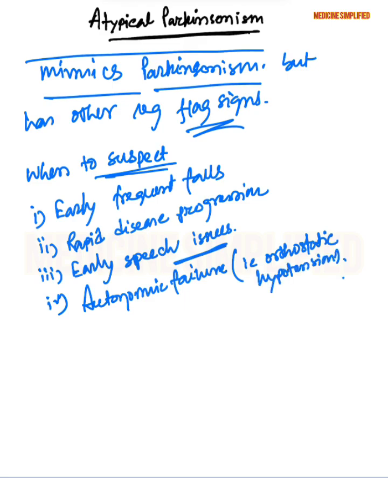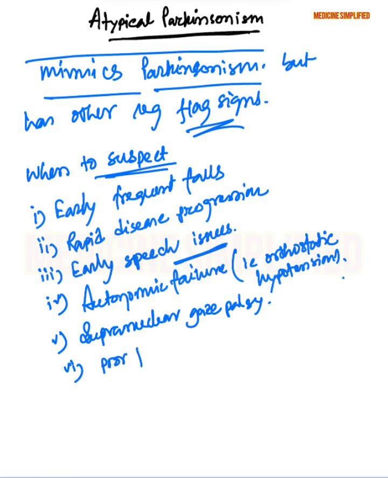Number 5, supranuclear gaze palsy. I'll discuss supranuclear gaze palsy later on, so don't bother. Number 6, the response to levodopa will be very poor.